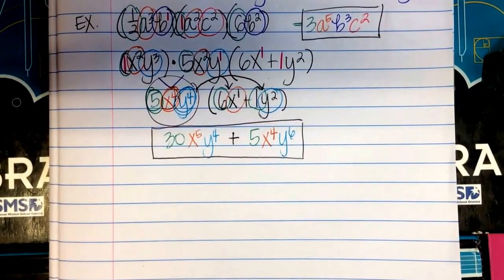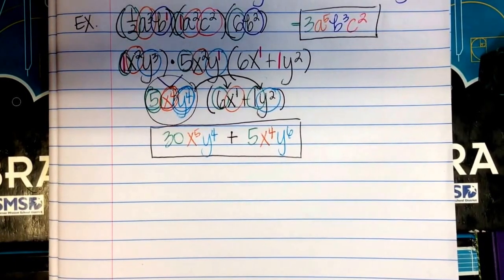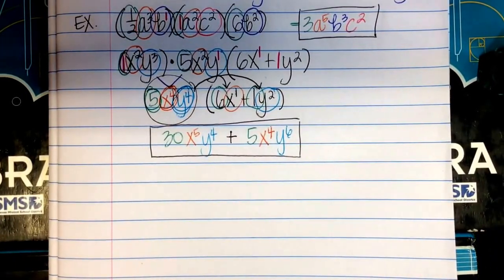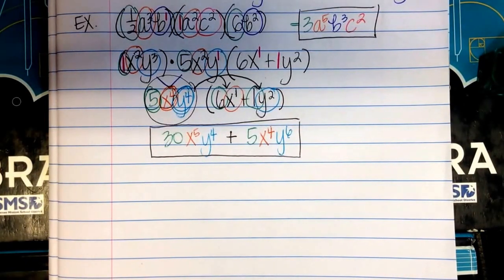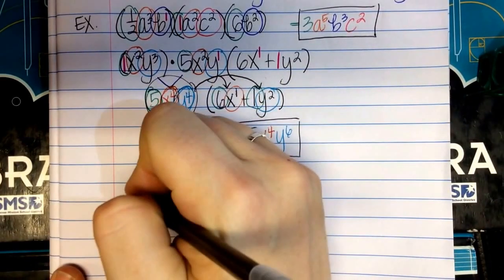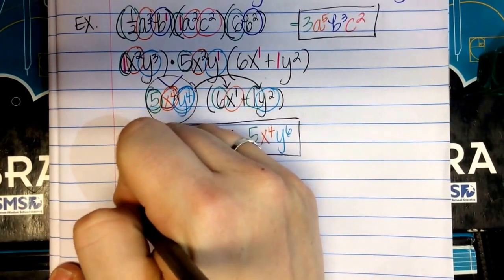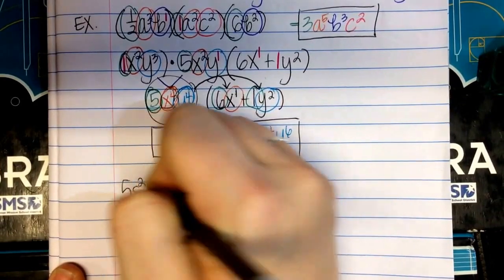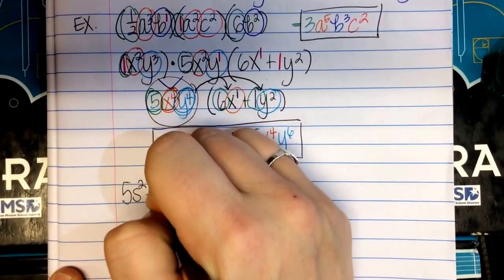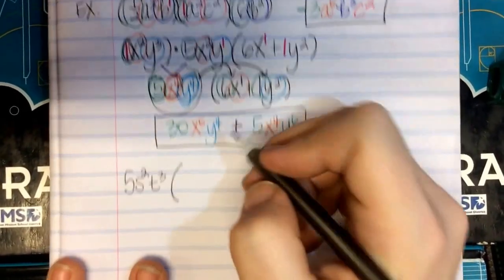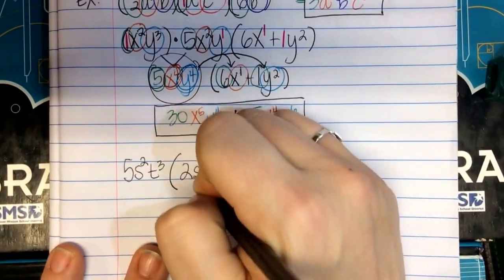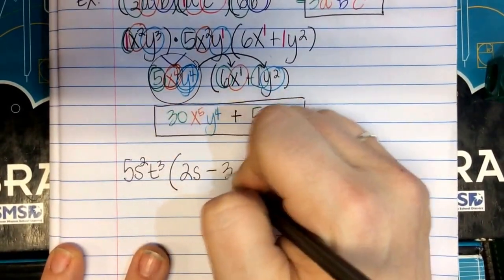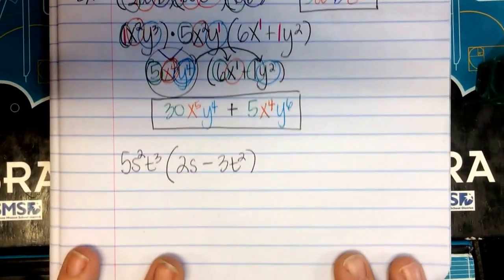Let's do one more example. Let's do this one. 5s squared t to the third times 2s minus 3t squared.